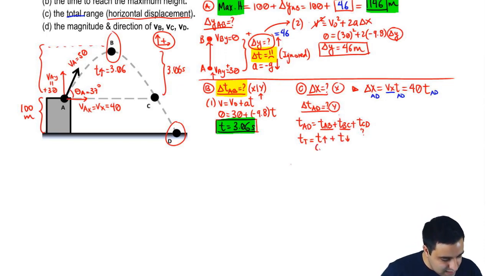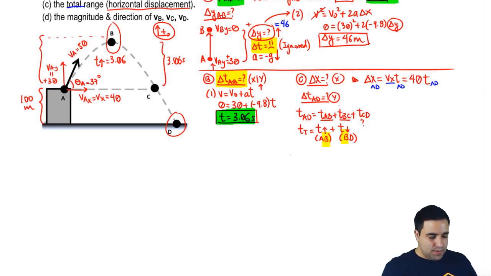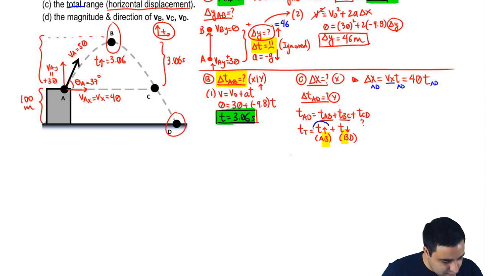In other words, this is AB and this is BD. And if you do it this way, notice that this guy has a B in it and this guy has a B in it, and that is better. So I want to use the entire time to fall. Okay, I already know this, so this is actually what I need.